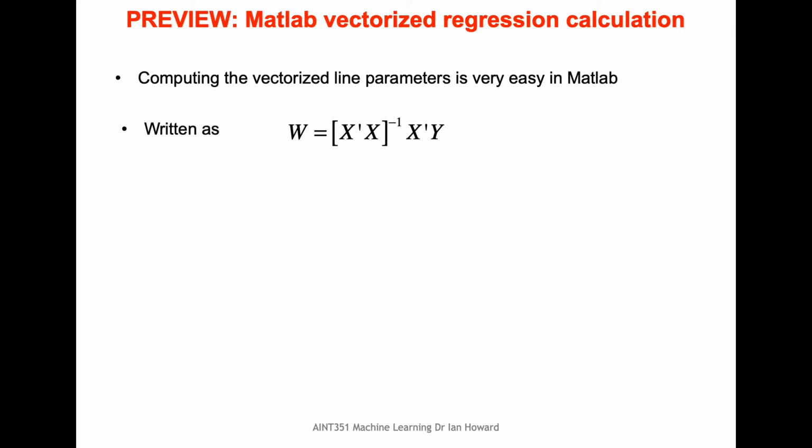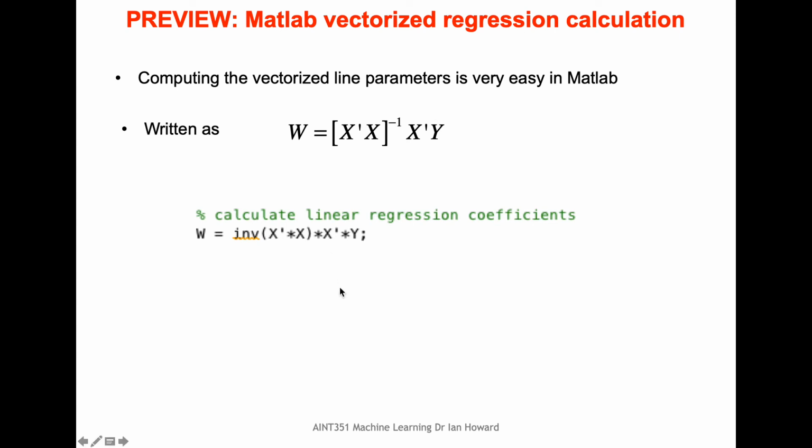If we've got the x values in a vector x, and the y values in a vector y, the weight vector that we end up with, which in a one-dimensional case will give us the m and the c, all we have to calculate is x transpose x. We take the inverse and we multiply it by x transpose y, right? And in Matlab, it would be done using the following simple line. This is doing linear regression, multidimensional.